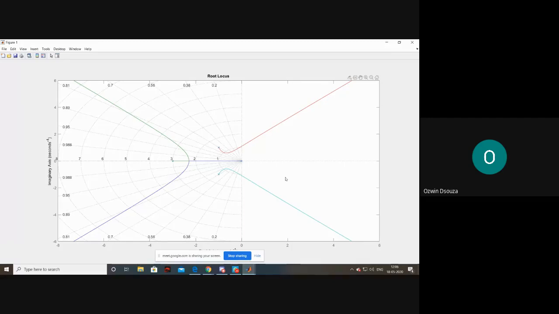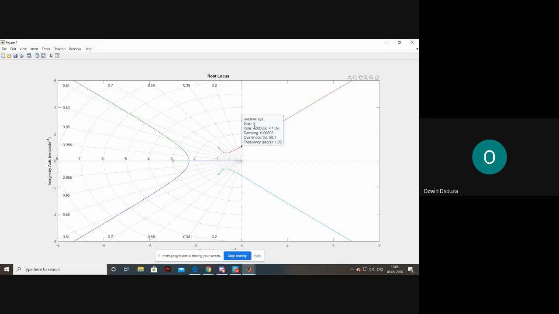All right. Now we want to see what is that marginal value of k that gives the marginal stability. Somewhere here, the root locus plot cuts the j omega axis, right? So place the cursor and right click. What is that gain you are getting? This k refers to k marginal.